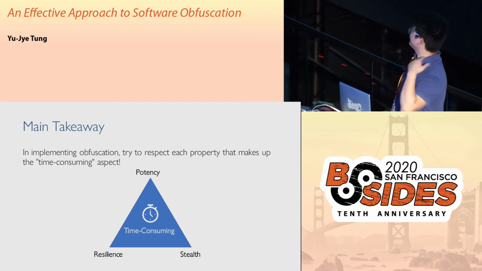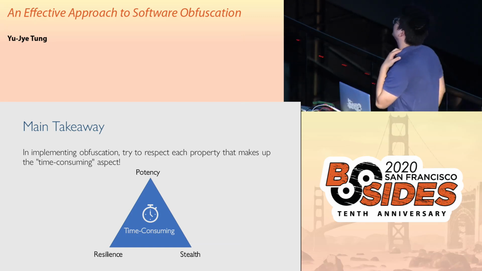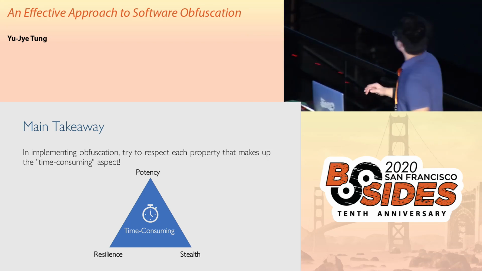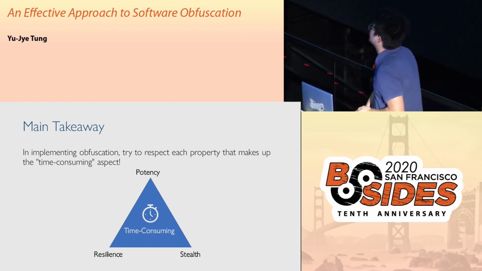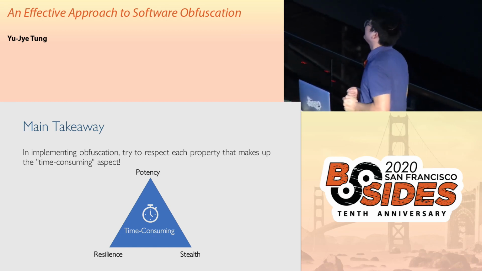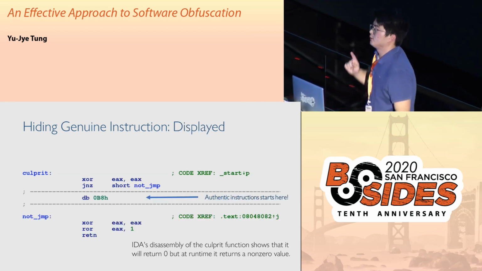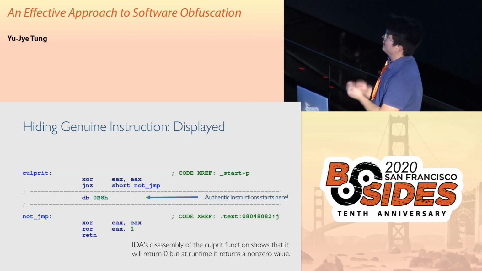I guess any questions? How does the earlier example look in the control flow graph that IDA outputs? Oh yeah, so the question was, how does the earlier example look on the flow graph? Actually, to be honest, I don't remember.